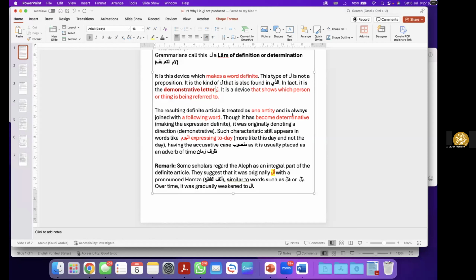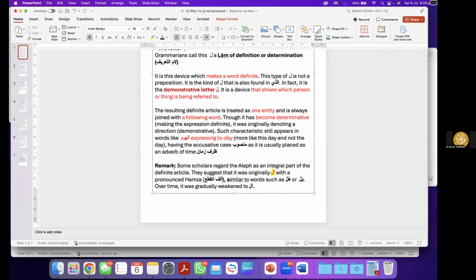Though it has become determinative, making the expression definite, it was originally denoting direction, a demonstrative. Such characteristics still appear in words like al-yawma, expressing today, having the accusative case mansub, as it is usually placed as an adverb of time, zarfu zaman.